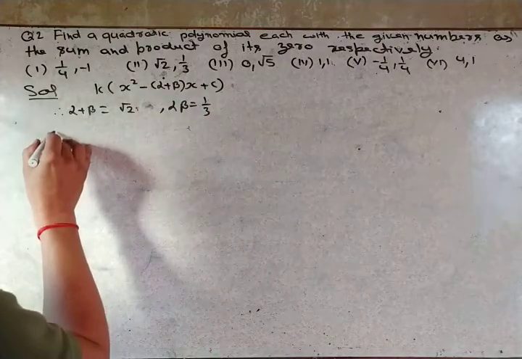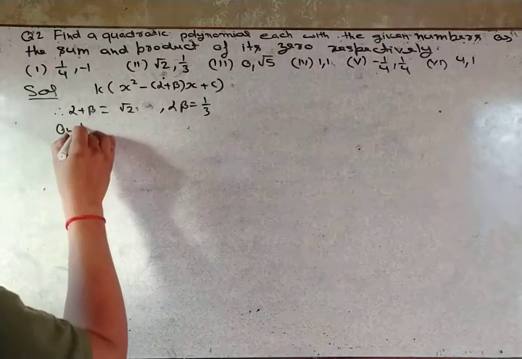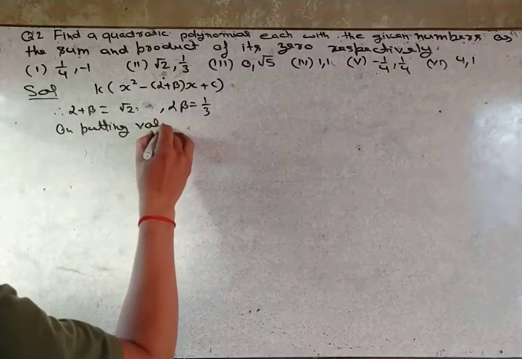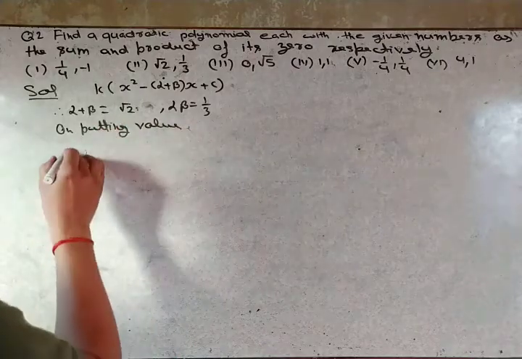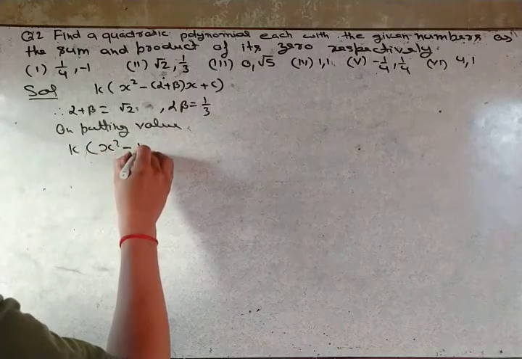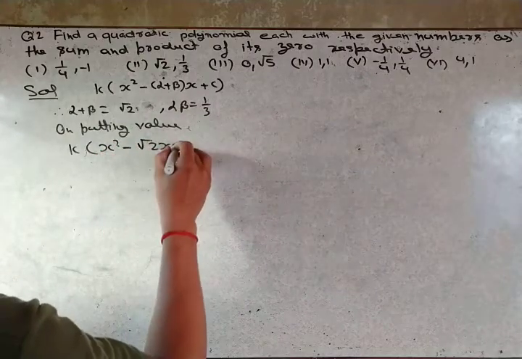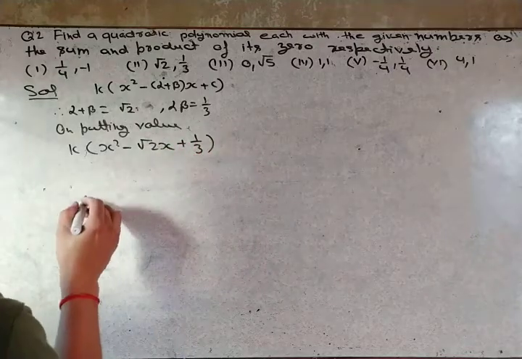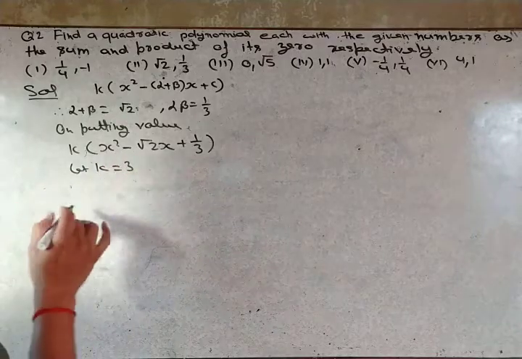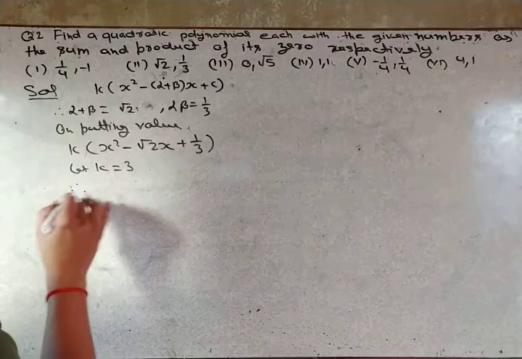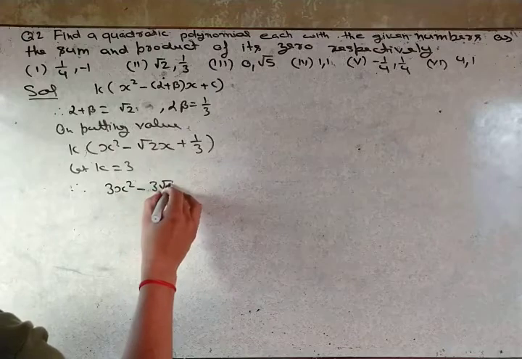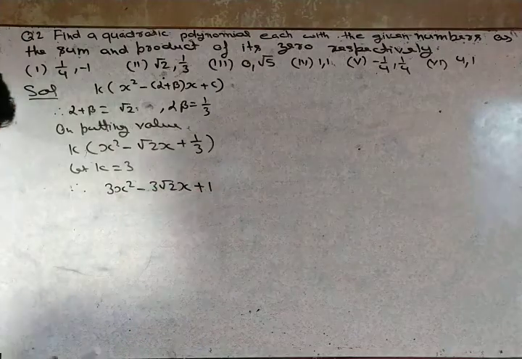On putting values we will get the polynomial k times x square minus root 2 x plus 1 by 3. Let k be 3. So the required polynomial is 3x square minus 3 root 2 x plus 1. This is the answer.